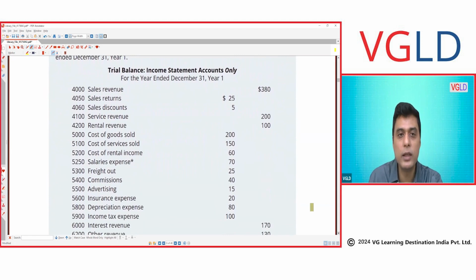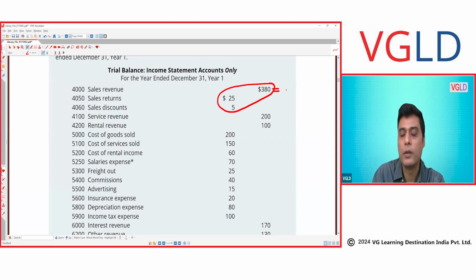So let's also quickly see this. You have sales revenue, sales returns, sales discounts. So in the income statement, you will only show the net amount of these 3. 380 minus 30, which is 350.